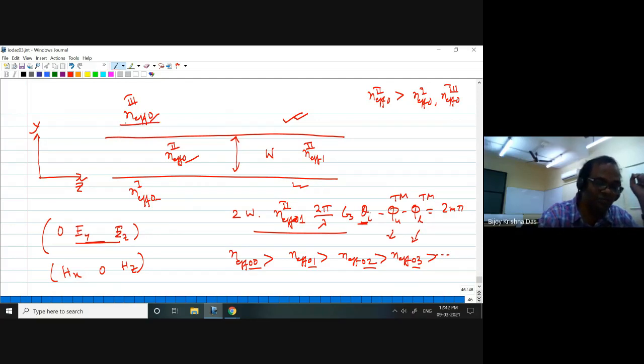Because these are the highest effective indices in region 2, and region 2 is the highest compared with region 1 and region 3. So for the core region I am going for the next, highest solution. And you have to check if that next highest solution is higher than the N effective 0 for region 1 and region 3.